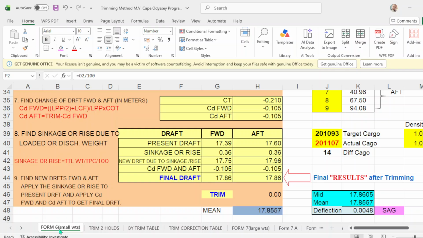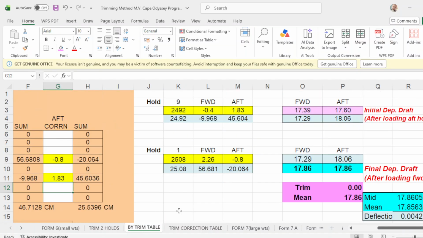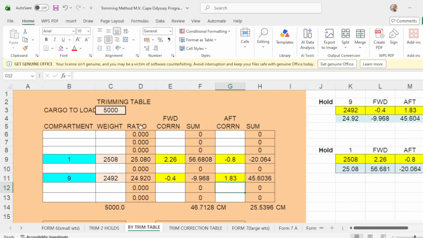This is program number 1, program number 2, program number 3 by trim table. So in the trimming table, you got your amount here of 5,000 for trimming, and your holds 1 and 9. Your cargo for 1 is 2,508 and 9 is 2,492. Then you apply the correction, forward and aft correction for 1 and 9.